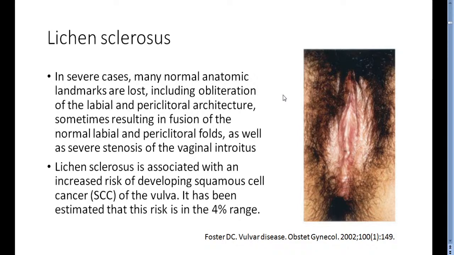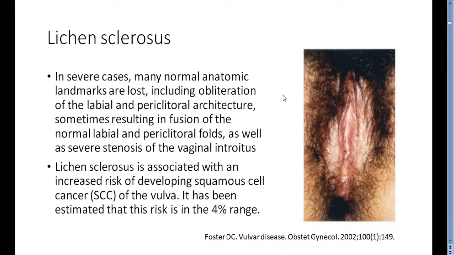Normal anatomical landmarks on the skin are lost, including obliteration of the labial and periclitoral architecture, sometimes resulting in fusion of the normal labial and periclitoral folds, as well as severe stenosis of the vaginal introitus. This is very often seen by gynecologists or family care physicians in late postmenopausal age.